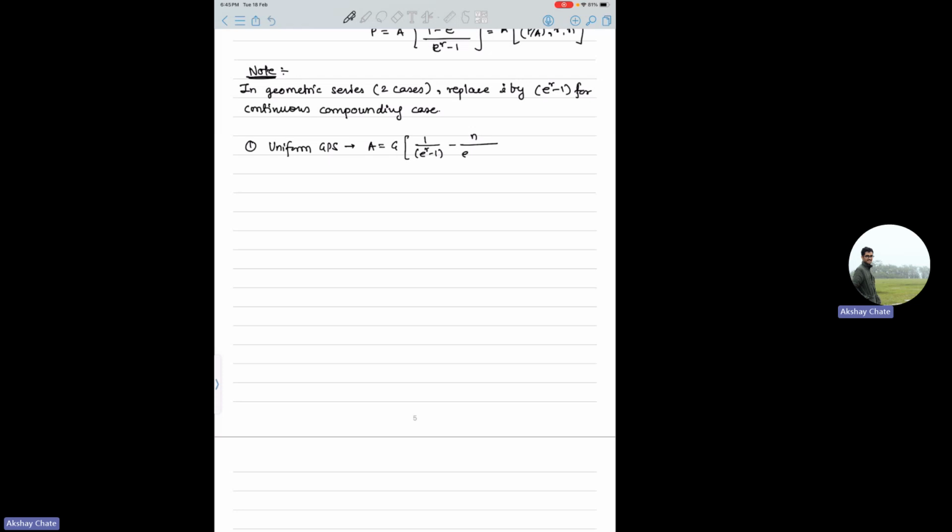So that is e power rn minus 1. That's it. It is like this only. You have to replace i by e power r minus 1. Okay, and that geometric series was there, right? Geometric payment series. So there, if you replace, this G dash was 1 plus i divided by 1 plus G minus 1, right?